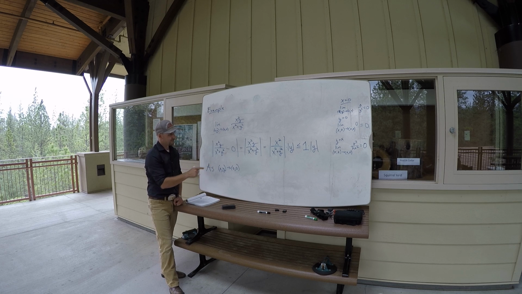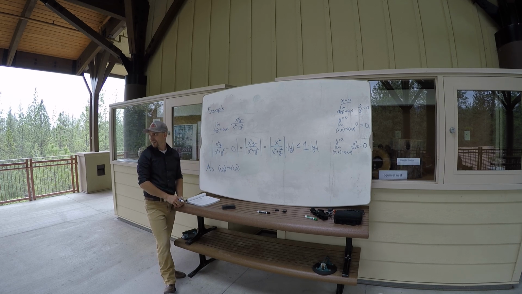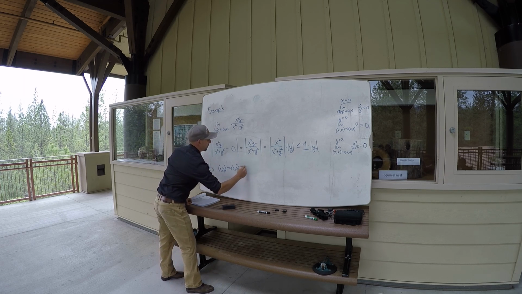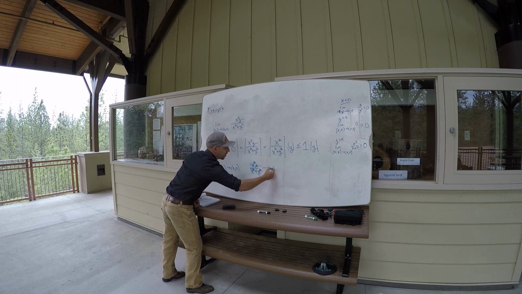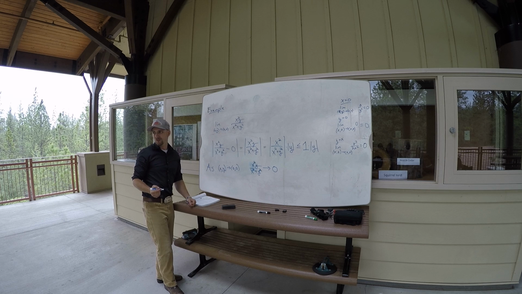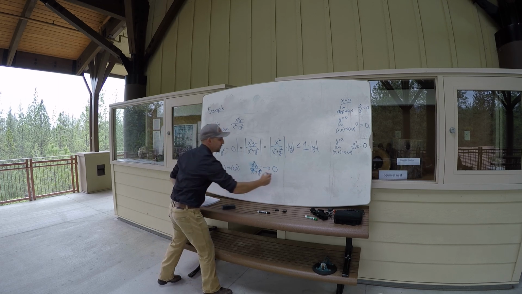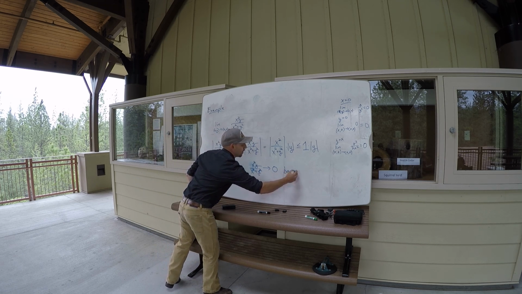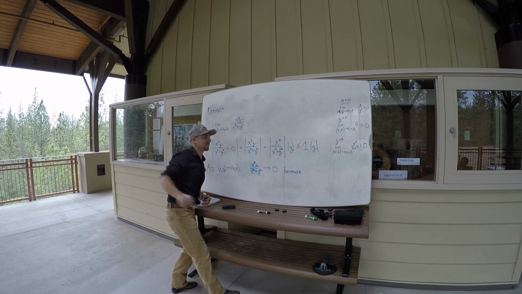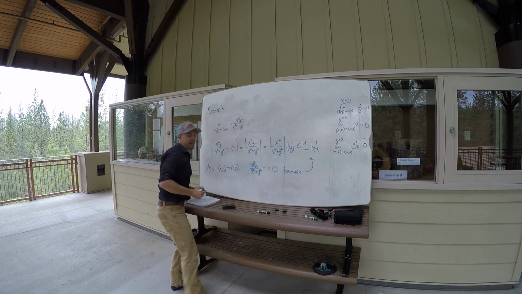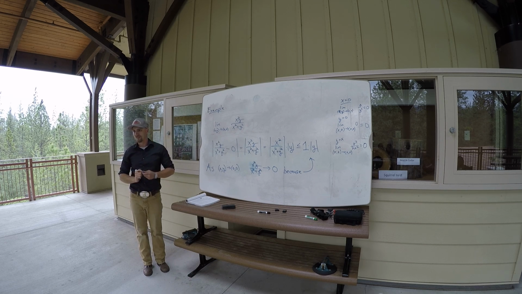So as x and y tend to 0, 0, this thing, x squared y over x squared plus y squared, tends to 0, because it's less than something we know tends to 0.